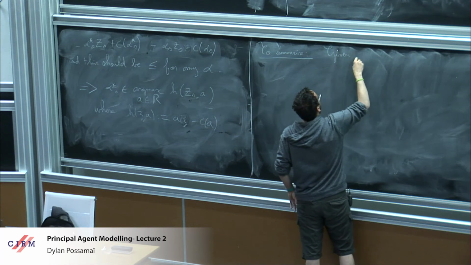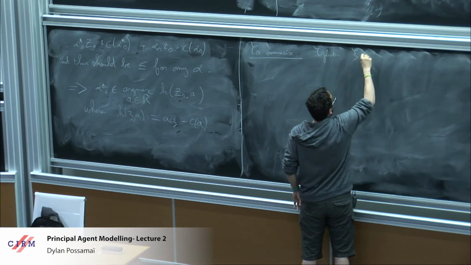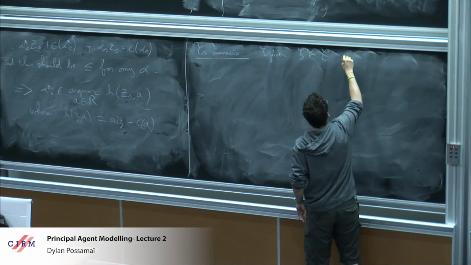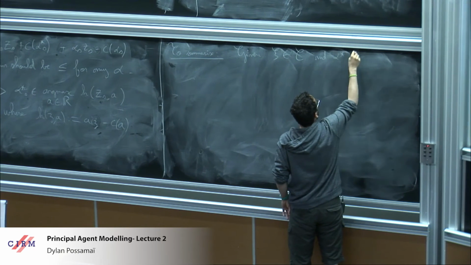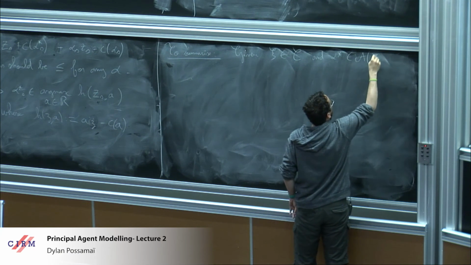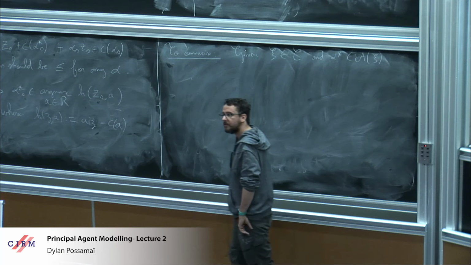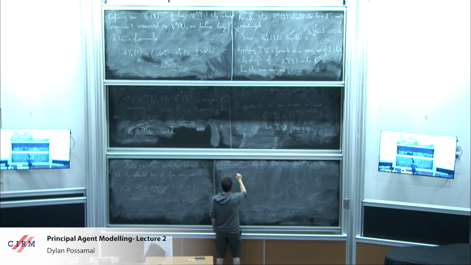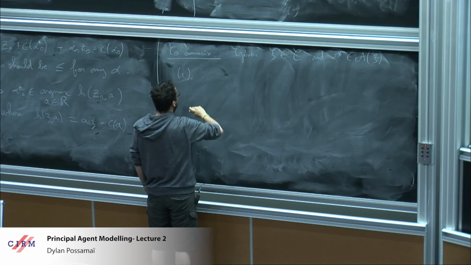So if you give me xi, a contract, and some optimal effort of the agent associated to this, what can I do? First, I know that I have this equation over there that I will write the following way.